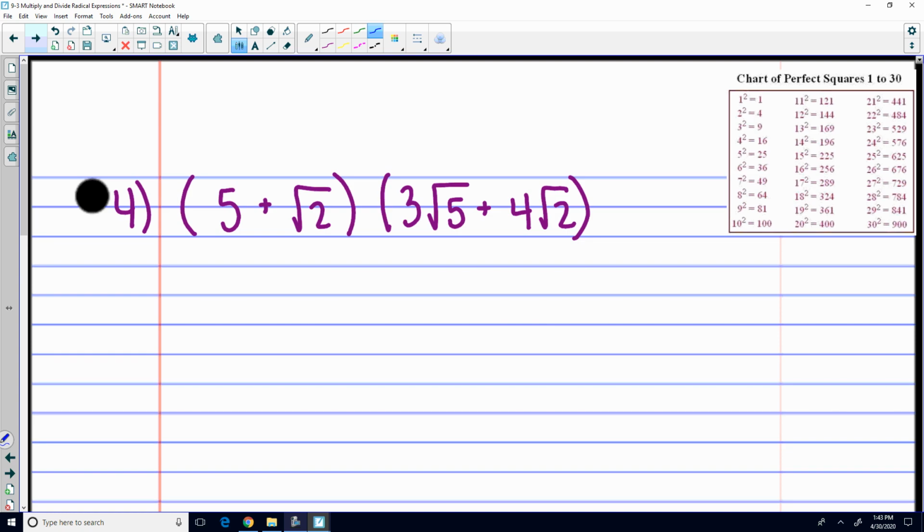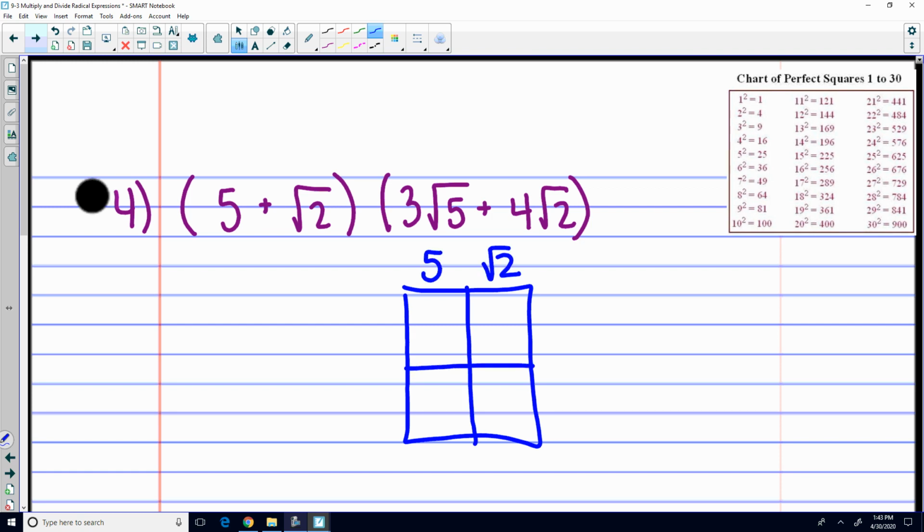All right, 2 to go. This one is already written like two binomials, and so you need to box method or FOIL this as well. So let's go ahead and box method. Draw our box. I have 5 square root of 2 and 3 square root of 5, 4 square root of 2. Let's start multiplying.